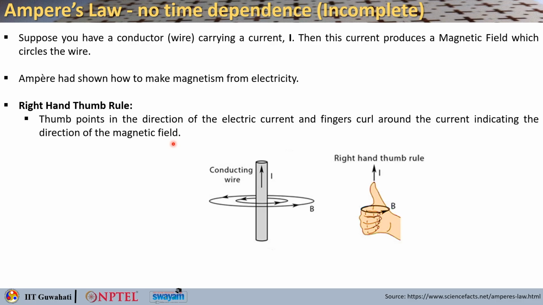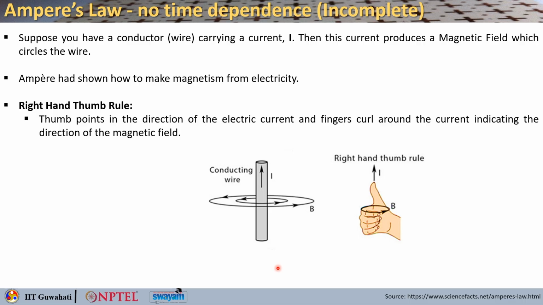It says that if you have a wire or a conductor carrying current, then this current will produce a magnetic field that will circle the wire. So, Ampere had shown how to make magnetism from electricity. A current carrying wire can give you a circulating magnetic field.